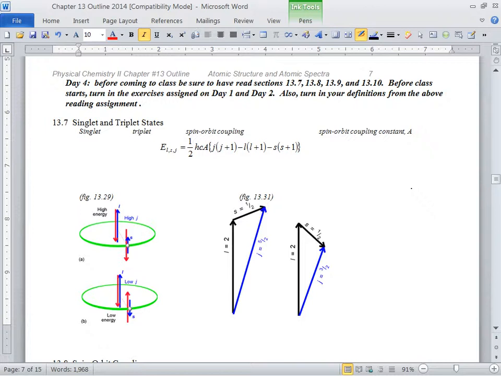And then we get J, which is total angular momentum.